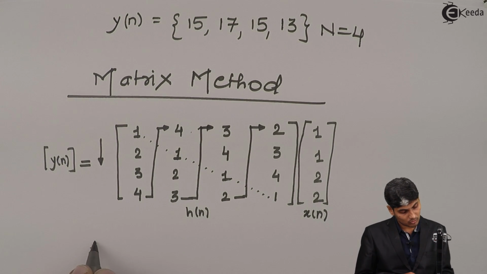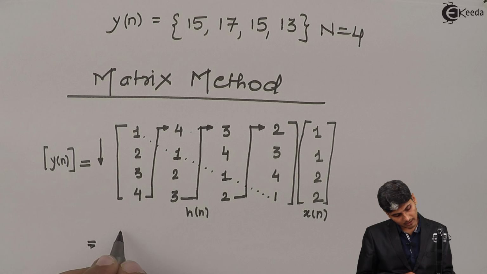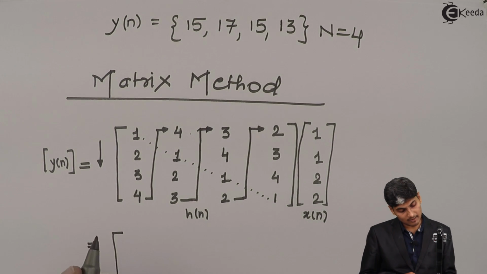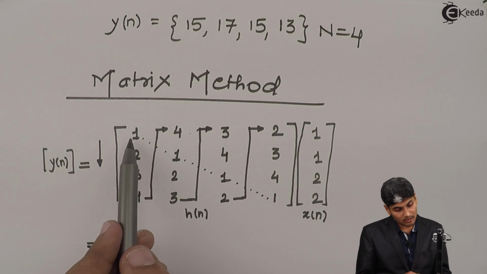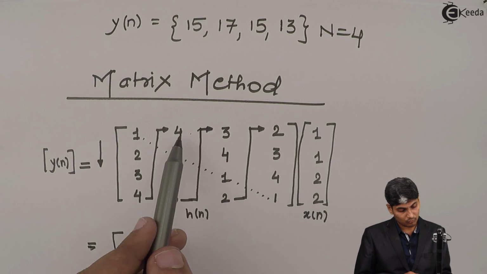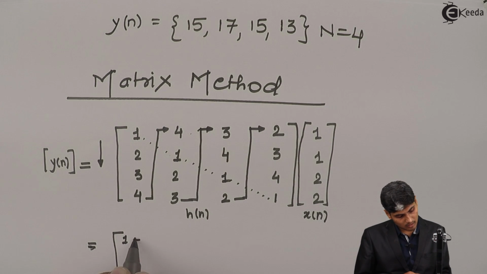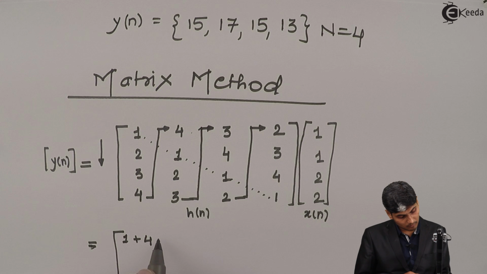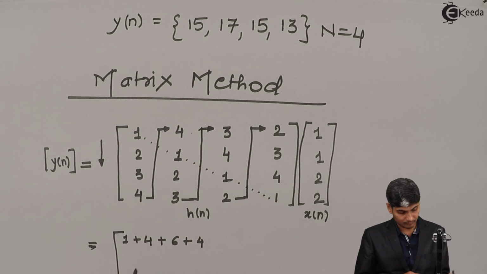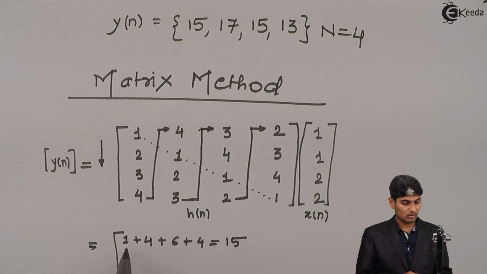Okay, so the answer I will write in matrix form as 1 into 1, 1 plus 4, so I will write like this, 1 plus 4 plus 6 plus 4, okay. So 10 plus 1 is 10, 10, 4, 14, 1, 15.